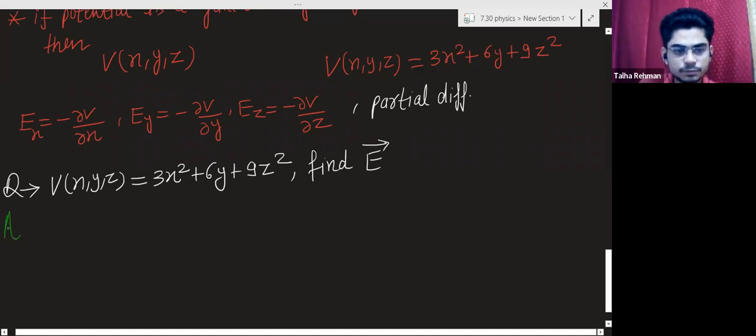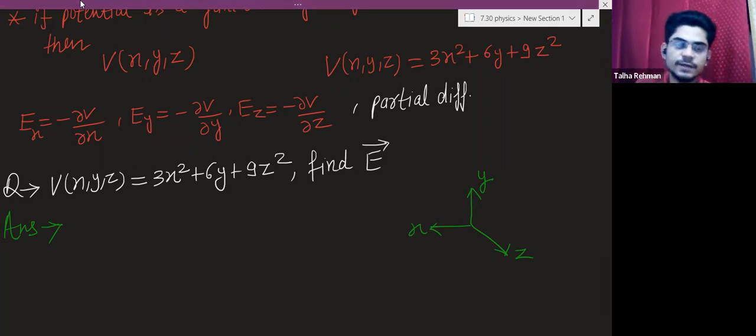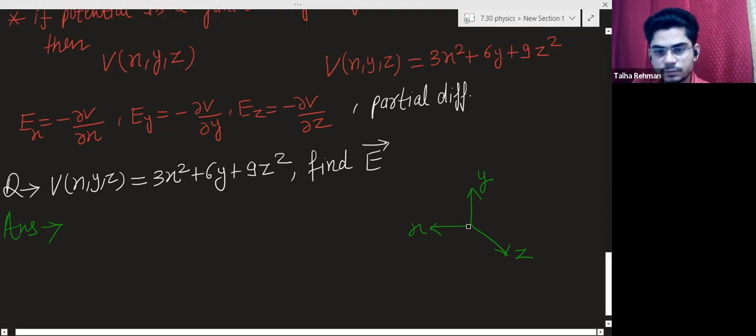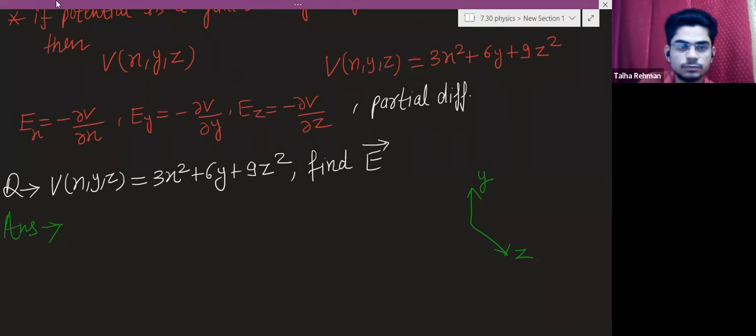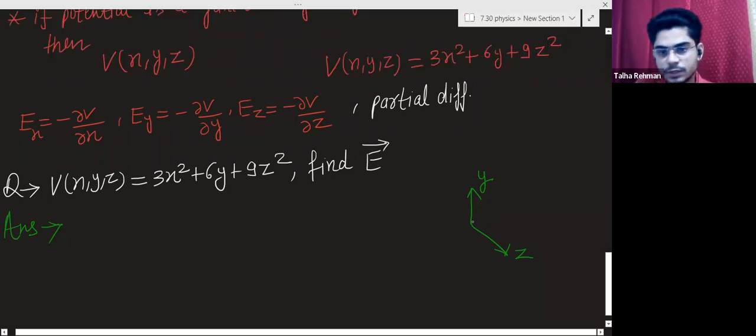So suppose this is the y-axis and this is the x-axis and this is the z-axis. You can take the x-axis like this.